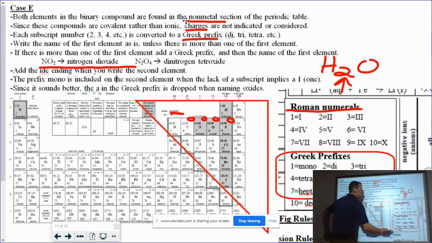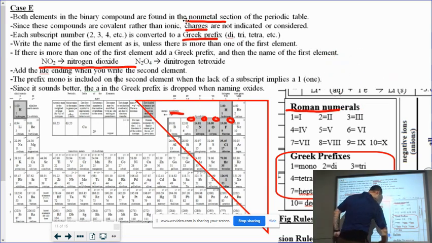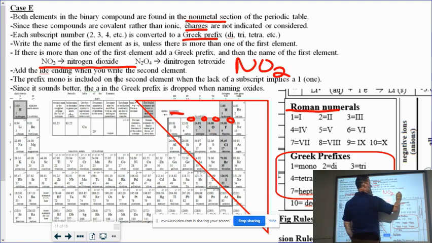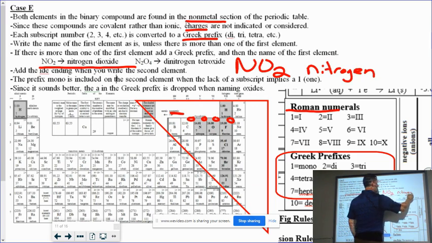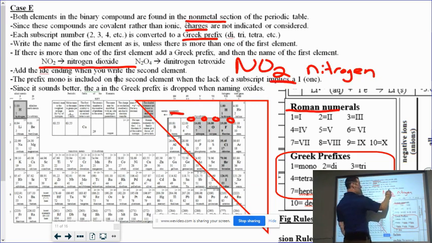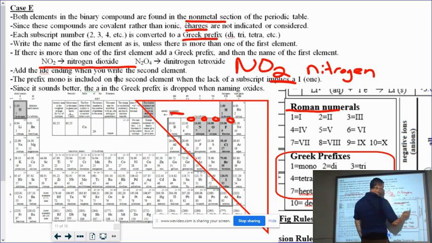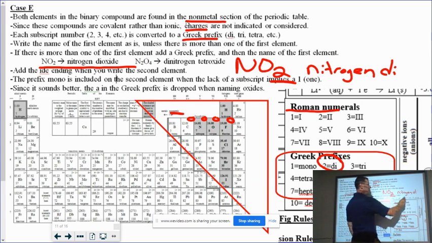So there's only one N in nitrogen dioxide, so we just named the first element as it is, nitrogen. And now how many oxygens are there? There's 2 of them. So we go down here. 2 is the Greek prefix. We need to use di, and then we change oxygen to oxide.